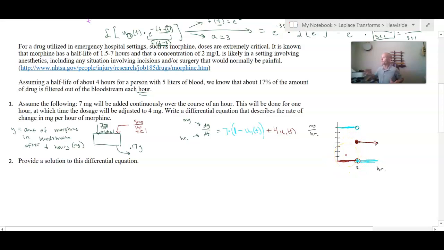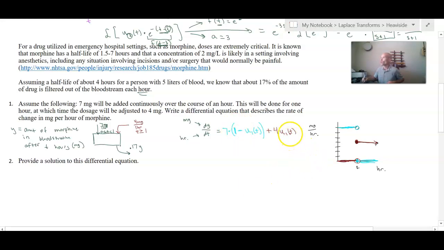So that makes the mathematics a little bit easier to deal with, to break it up into 2 simple Heavisides. So this will ensure that I have 7 while time is less than 1, and then after time 1, the 7 milligrams will turn off, will return back to 0.